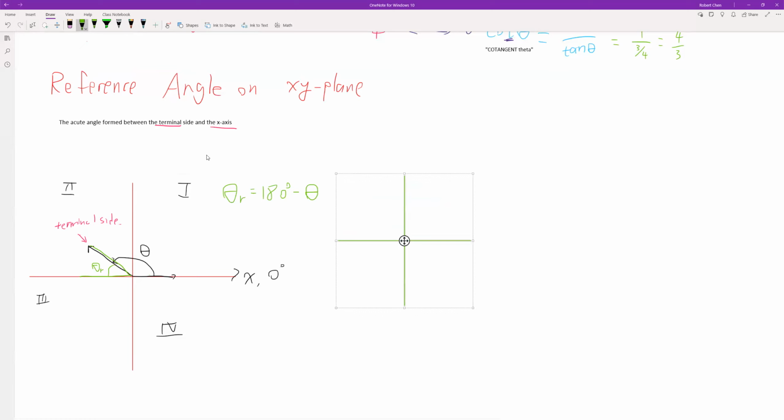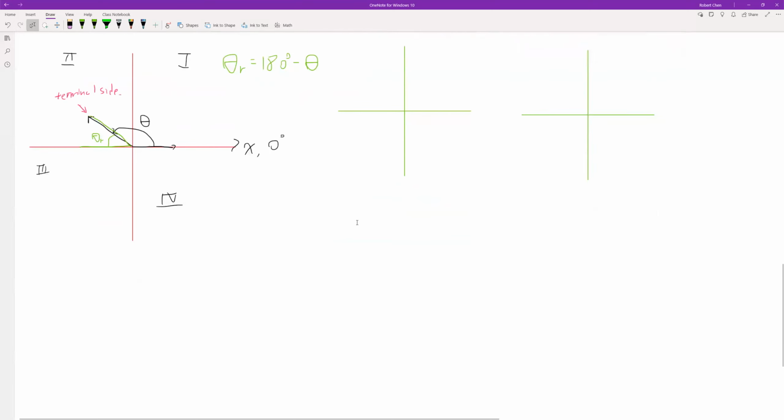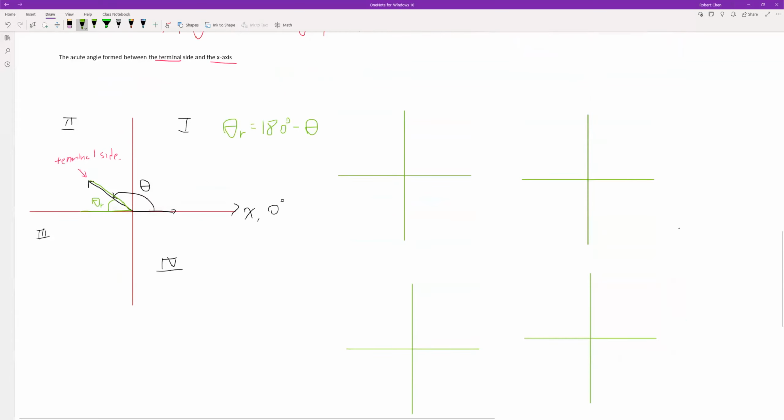So I'm going to show you all 4 cases. Let's say we have angles in all 4 quadrants, in 1, 2, 3, and 4.